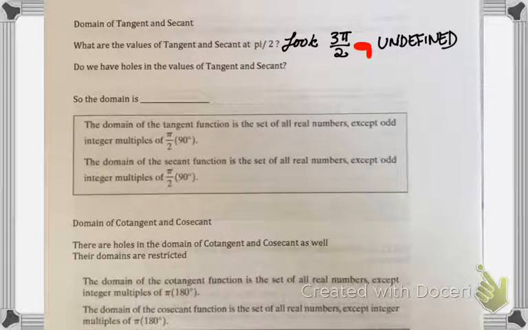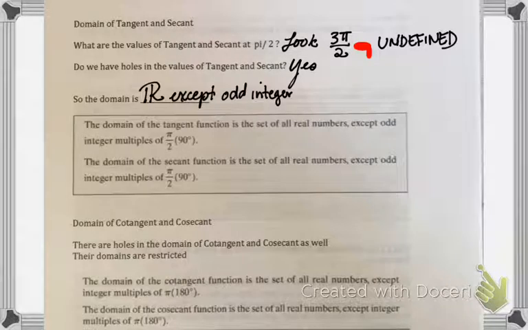Okay, so do we have holes in our graph if we would graph this out, or analytically speaking, yes, we have some problems. So the domain for tangent and secant is all real numbers except for odd integer multiples of pi over 2. So let's make sure we understand what that means.